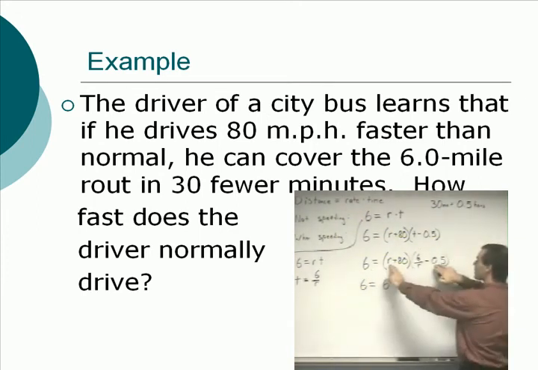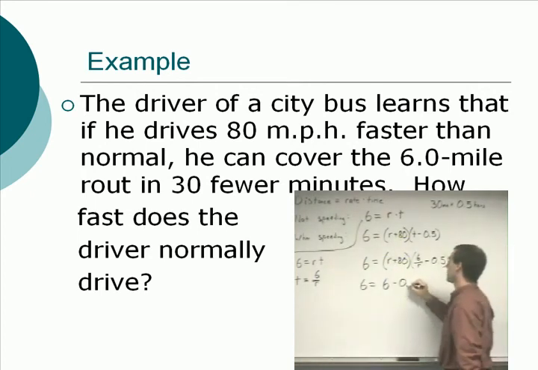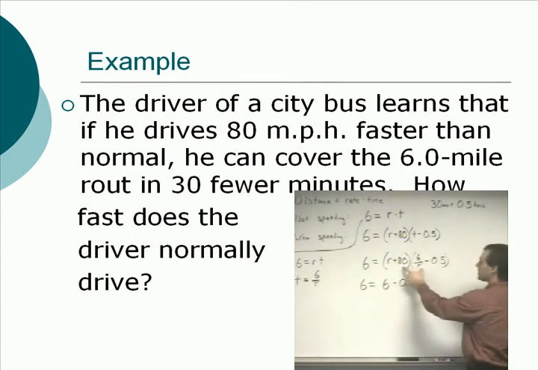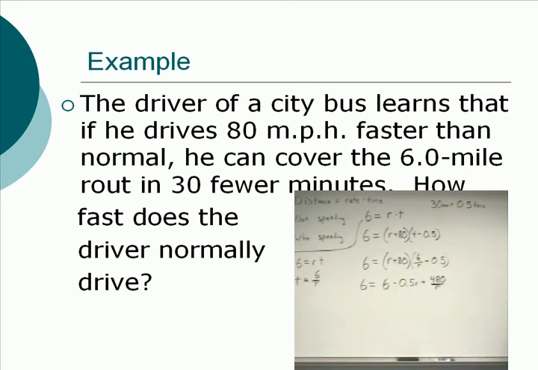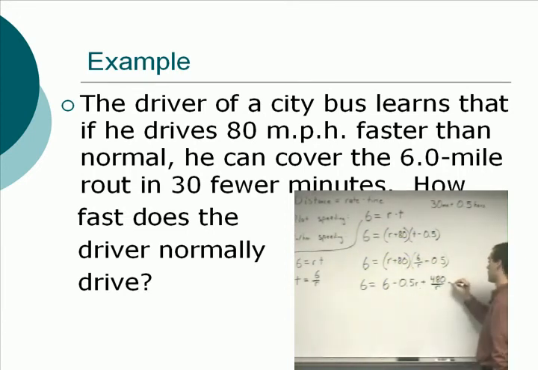Outside, r times negative 0.5, negative 0.5r, plus 80 times 6 over r, 480 over r. 6 times 80 is 480 over r. And our last terms, 80 times negative 0.5, minus 40.